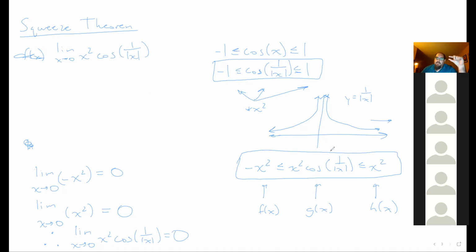If I can get that minimum and maximum really, really close together, then anything between them I know is very, very close to that minimum and that maximum. So if I can get them on top of each other, in this case, they have the same limit, then the middle must have the same limit as well.